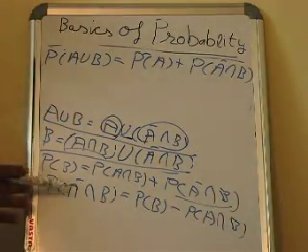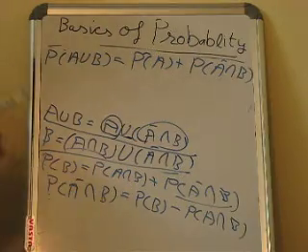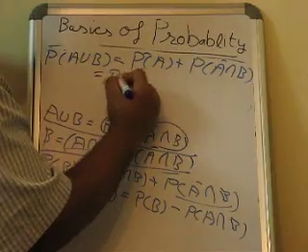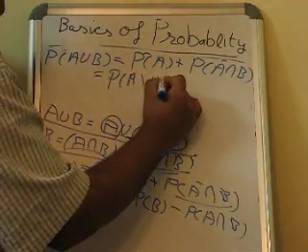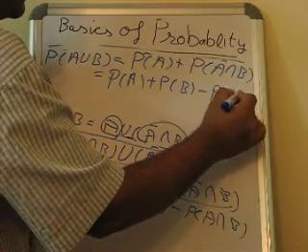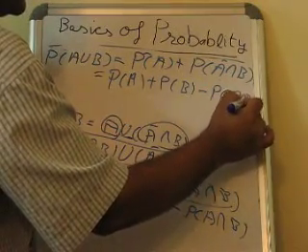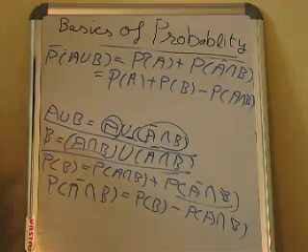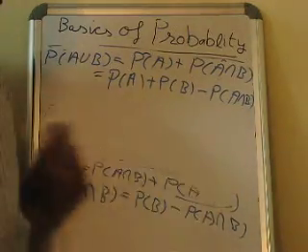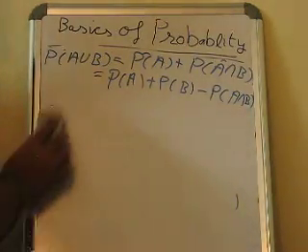Substitute this value of the probability of A bar intersection B in this equation. So what you will get is P(A) plus P(B) minus P(A intersection B). This is when the events are not mutually exclusive. Now, this is just with two sets.